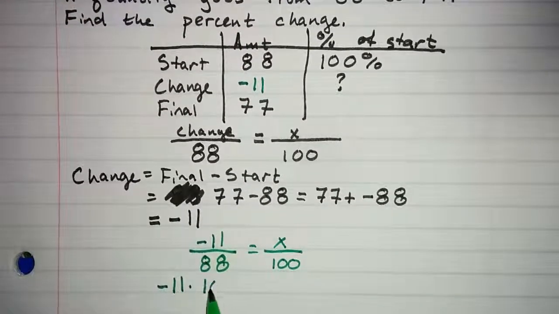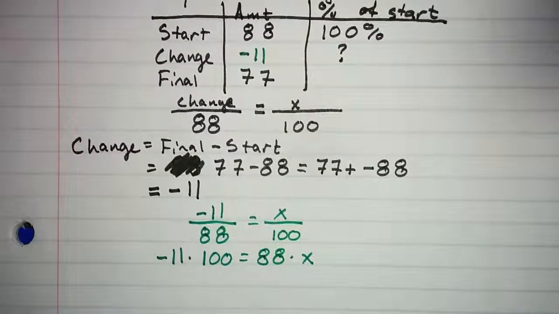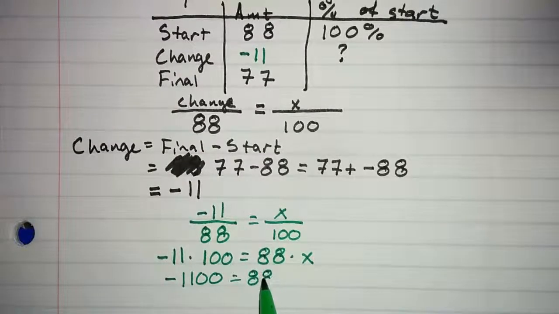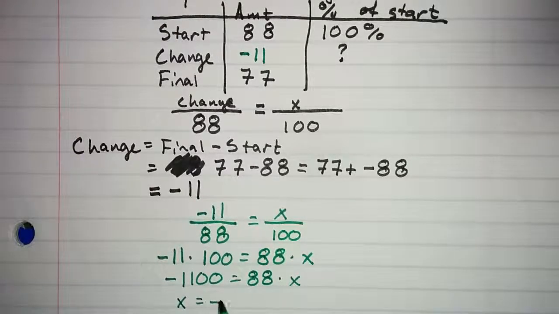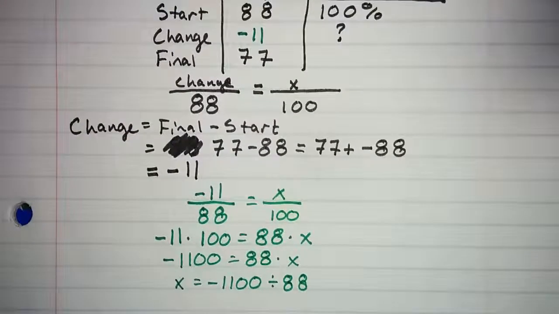Negative 11 times 100 is 88 times x. Negative 1100 is 88 times x. X is negative 1100 divided by 88. So it's going to be negative divided by a positive, which is negative.